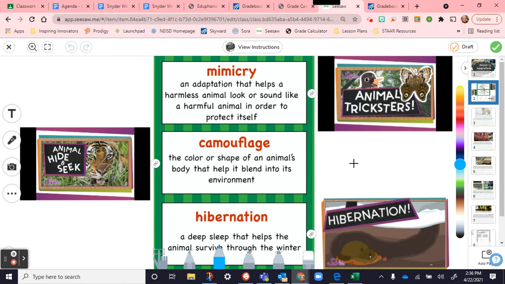And so mimicry, the good guy, the harmless one, is trying to act like him, it could be the way that he looks or the sounds that it makes, but he's trying to act like the bad guy so that when a predator comes by and it's like, that looks yummy to eat, he's going to be like, whoa, wait a minute, those colors look like this bad guy. I'm not going anywhere near it.